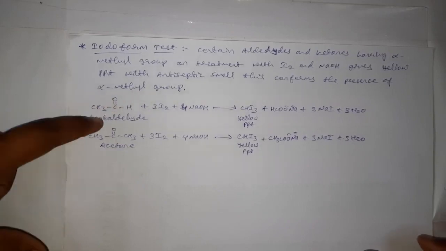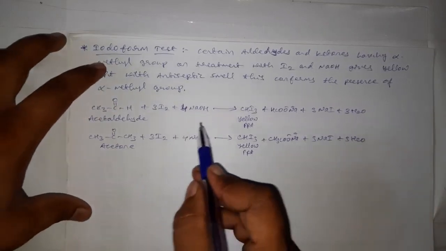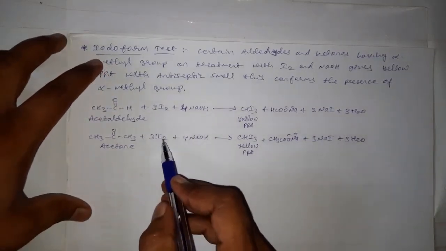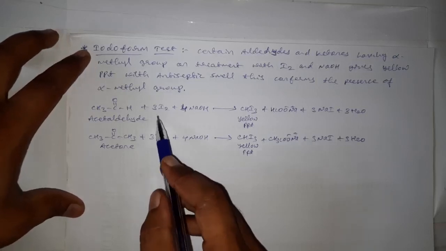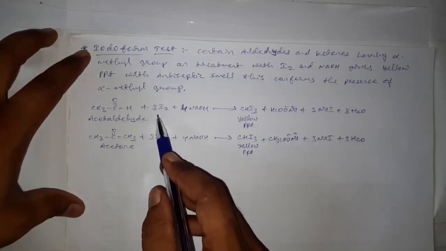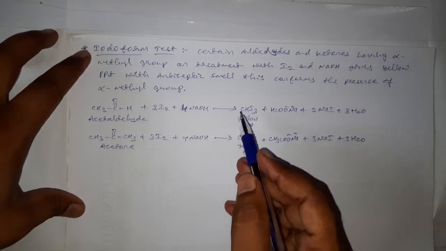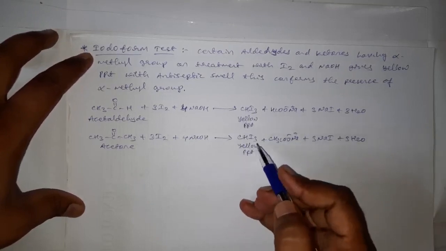Okay, and here why are we not using Cl2 and Br2? Because if we use them in the haloform reactions, we will get chloroform and bromoform respectively.